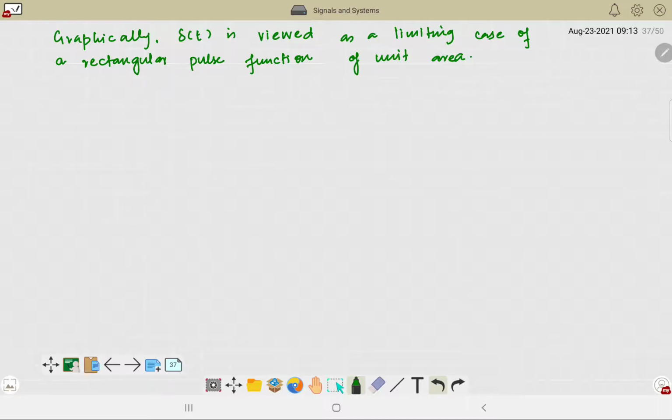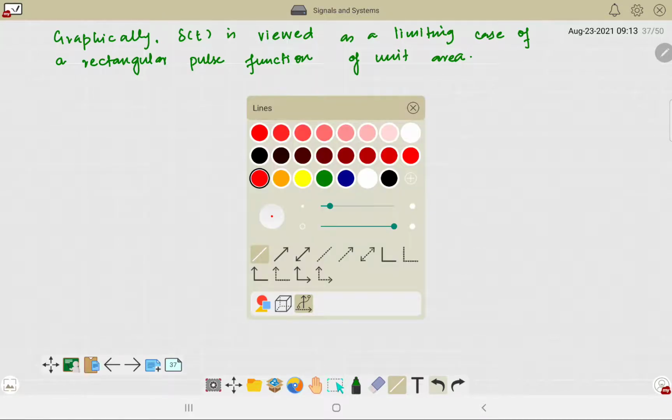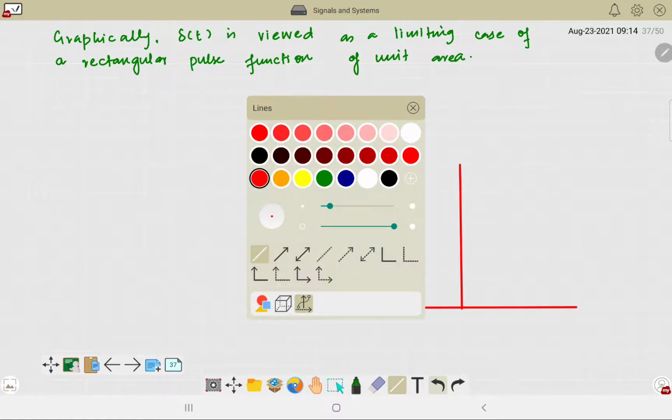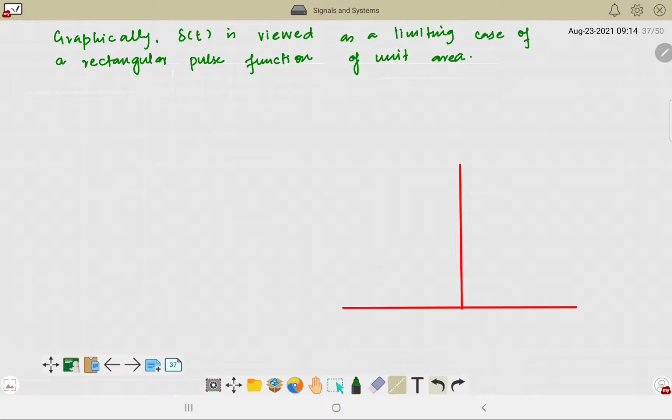Right? So just try to understand this point. I will draw a pulse signal. Okay, so this is my time axis and this is a pulse function.